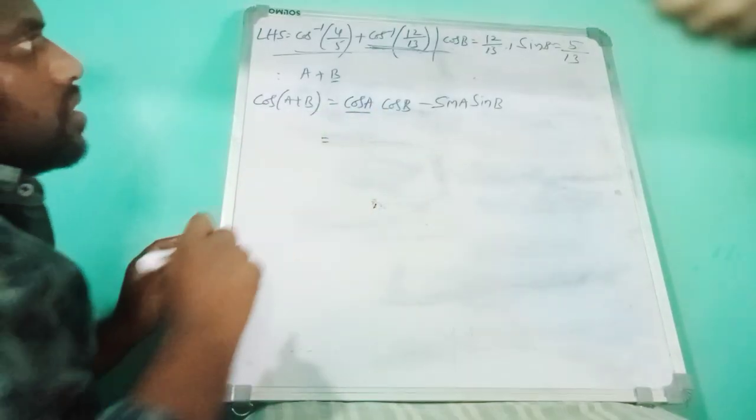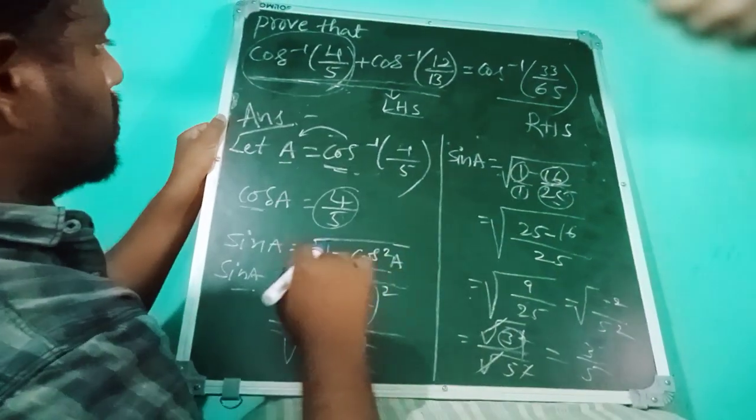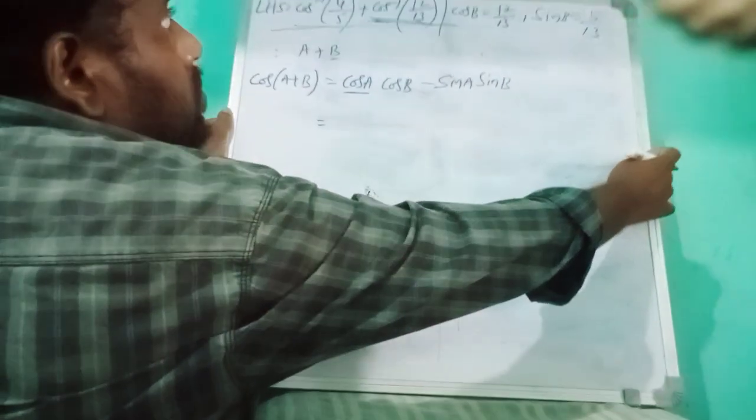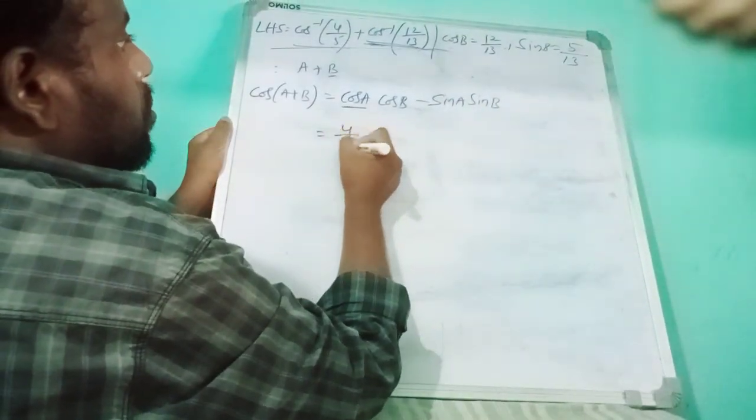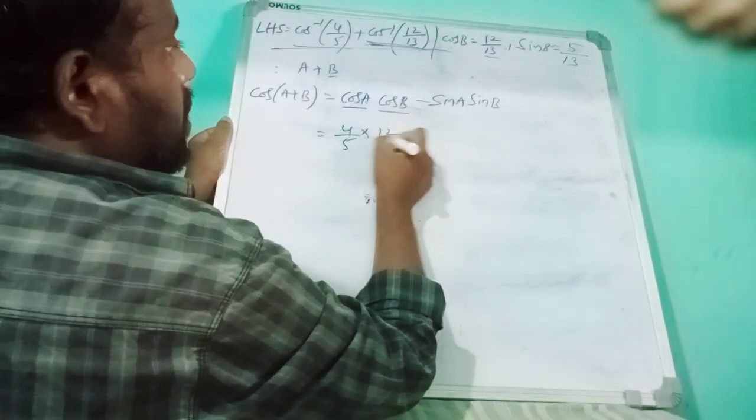So that is equal to cos A. Cos A is what? See, cos A is 4 by 5. Nothing is there means into is there. Cos B is this 12 by 13.